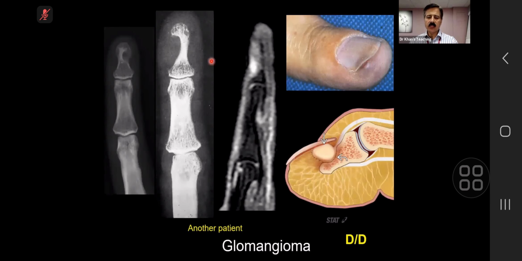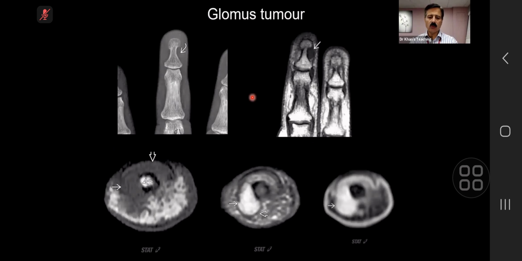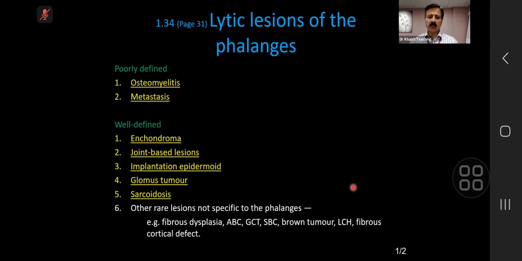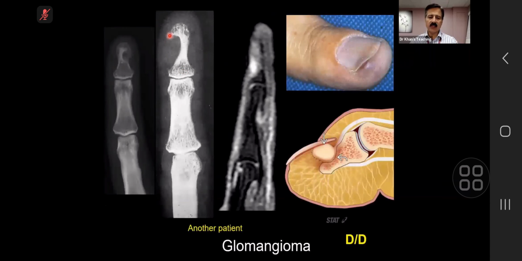This scalloping is on the dorsal surface of the phalanx, like this. And this is the case which we were seeing. On an MR, it will be high signal on T2. It can enhance, etc. But the key thing is that it's not sitting inside the bone. It is sitting outside and is causing scalloping of the dorsal surface.